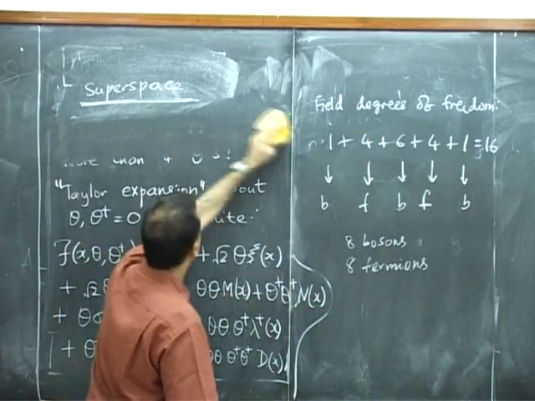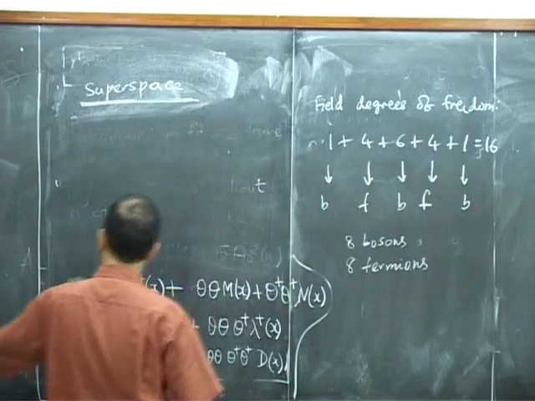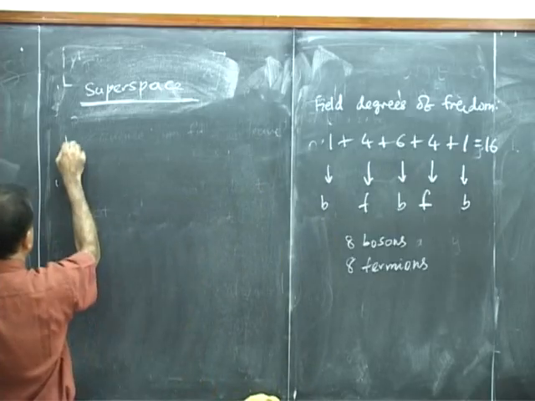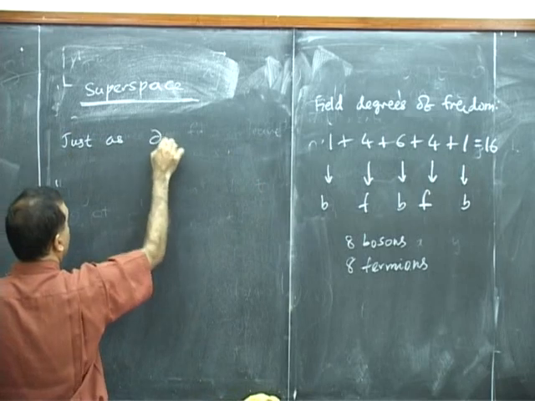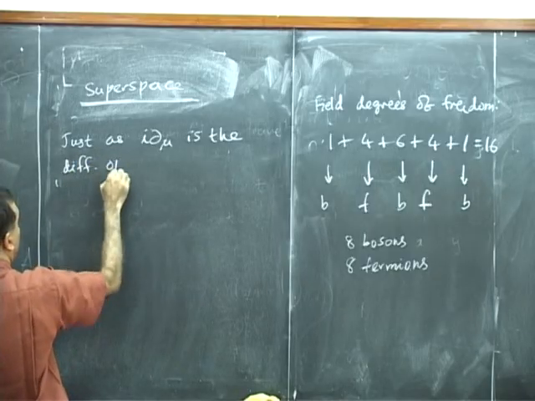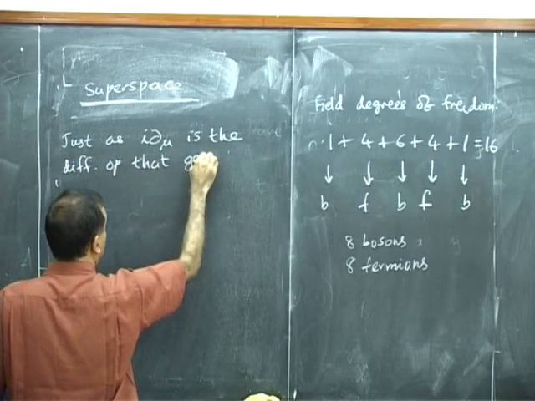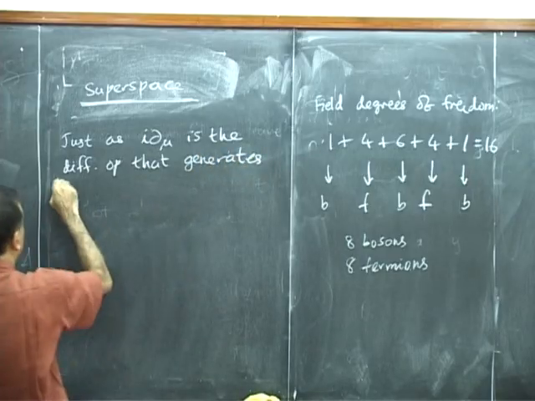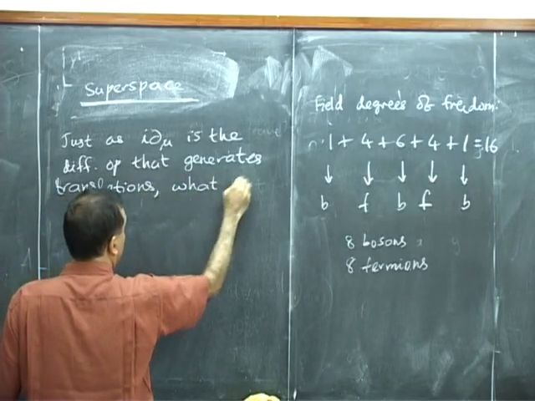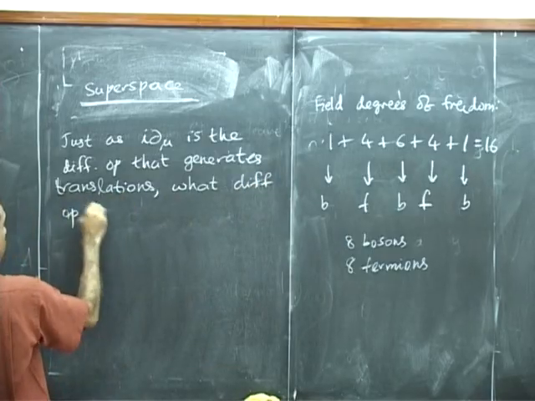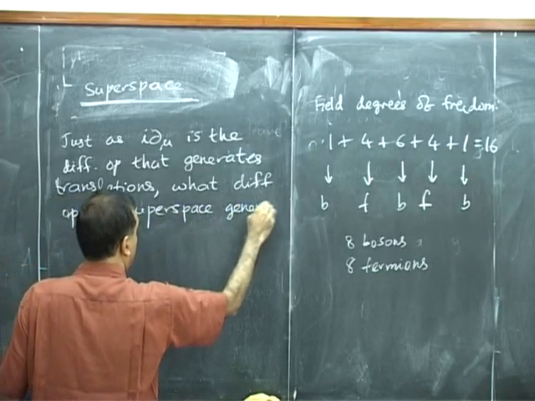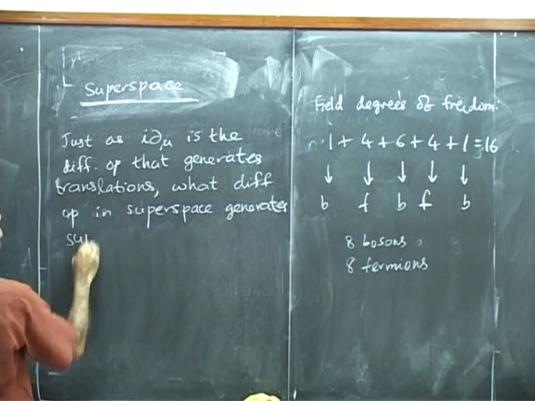So to close, we'll ask the question: just as del mu, or i del mu, is the differential operator that generates translations, what differential operator in superspace generates supersymmetry?